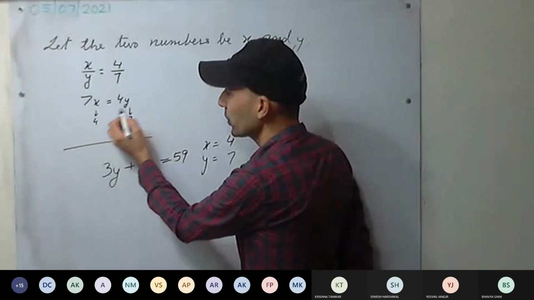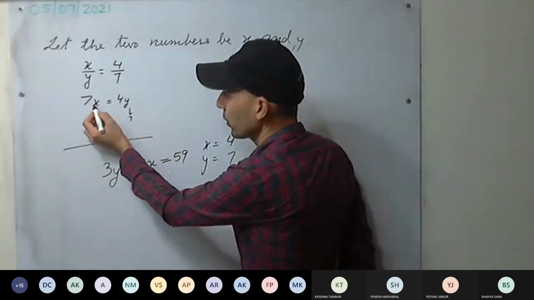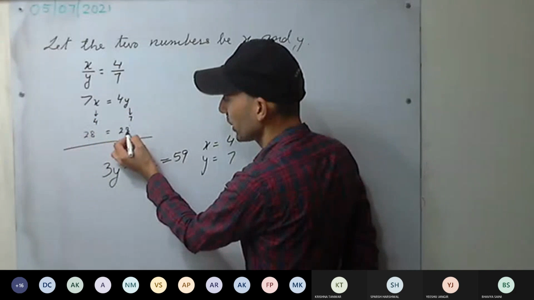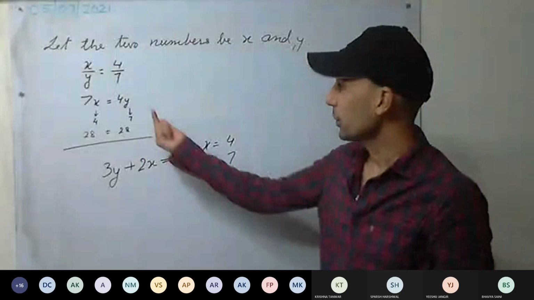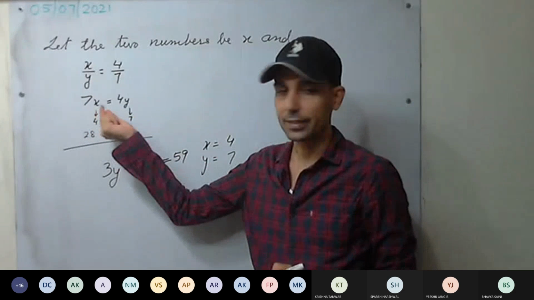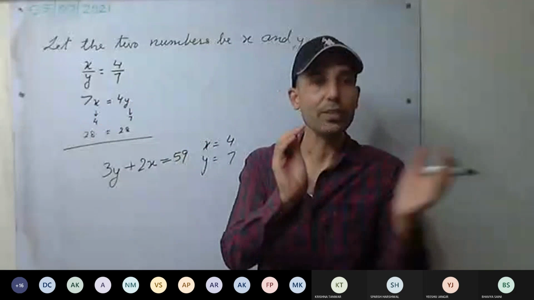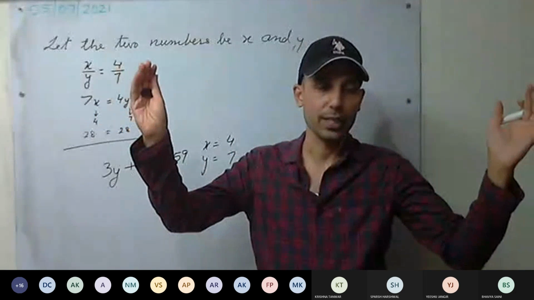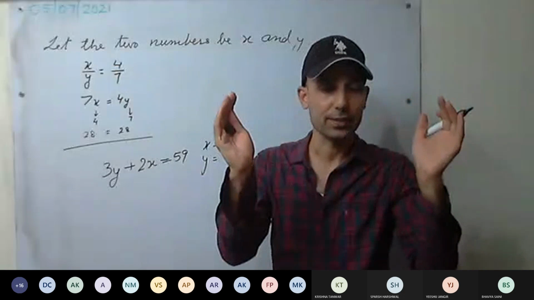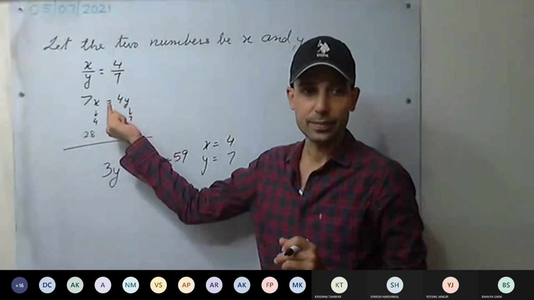If x value is 4, y value is 7, 7 times 4 is 28, equal to 4 times 7 is 28. Which is bigger? Y is bigger. You can see here 7 times x. The x quantity is there, something you have to multiply 7 times, and the y quantity you have to multiply only 4 times. It means y is bigger.